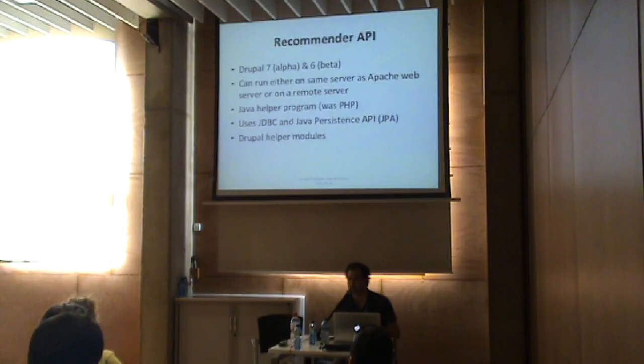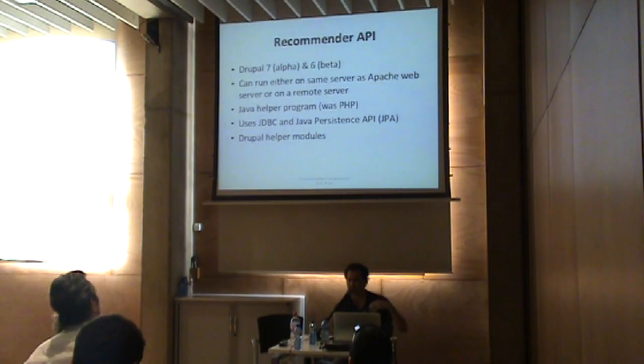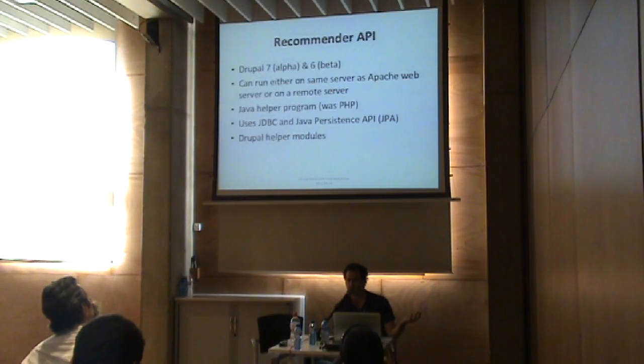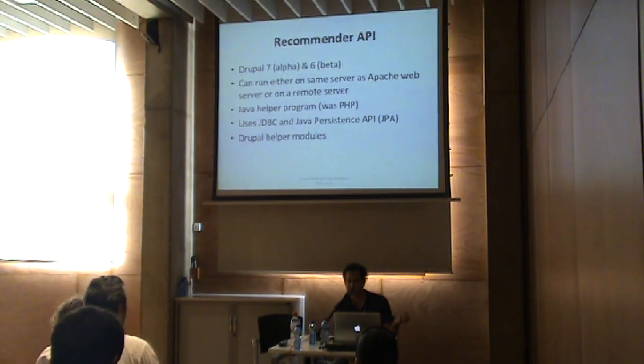The way that the Recommender API works is we have these Java libraries which basically talk to the Mahout Java libraries. They're loosely coupled, and then we get the response back from Mahout as an offline process. The input to this process is coming through JDBC, that's the Java database connectivity.